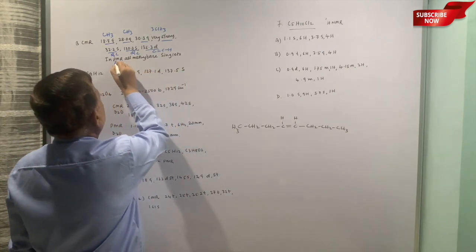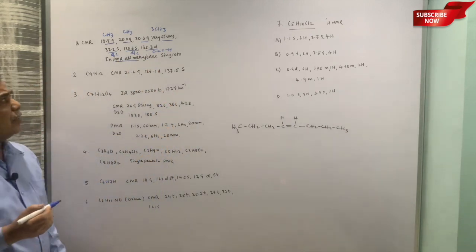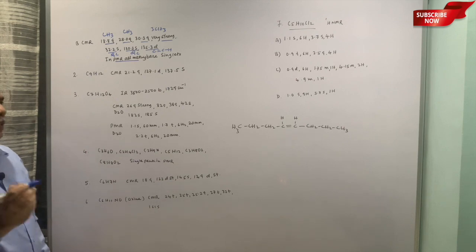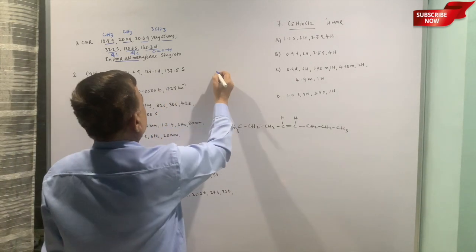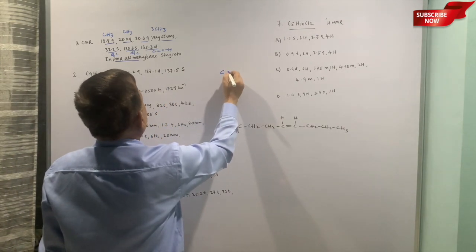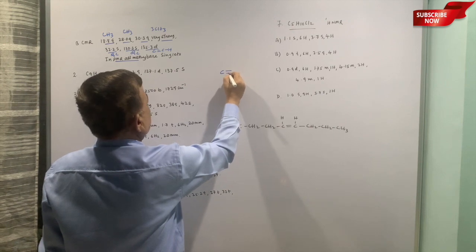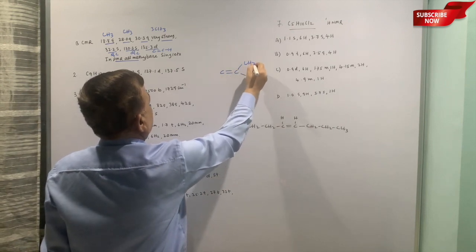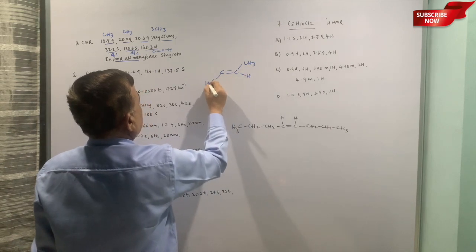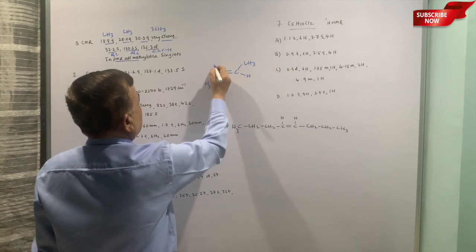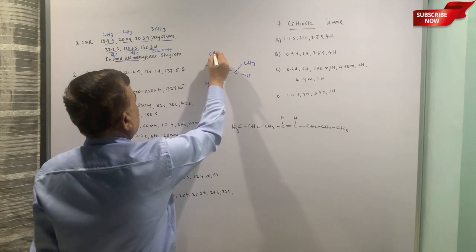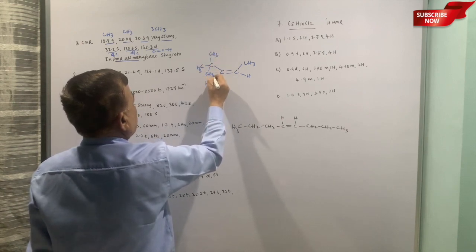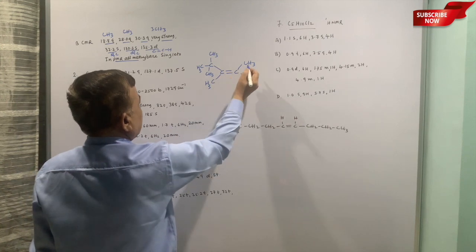And more importantly, PMR gives only singlets for all methyls. So with so many methyls, I will put a double bond, 2 methyls attached to the double bond, and then this one has got 3 methyls. So we have to account for 8 carbons: 4, 5, 6, 7, 8.